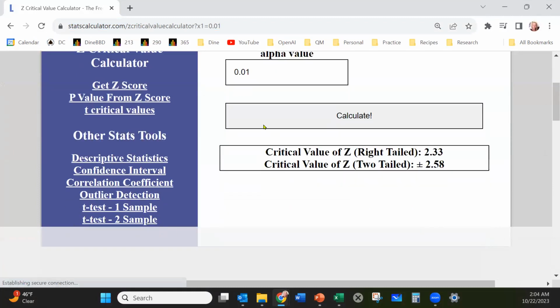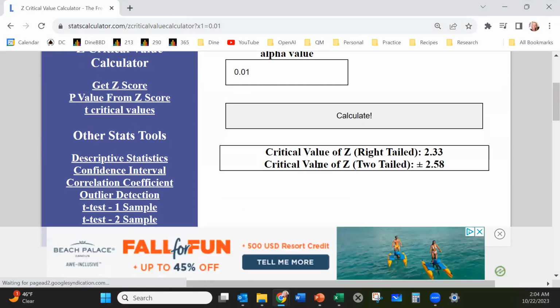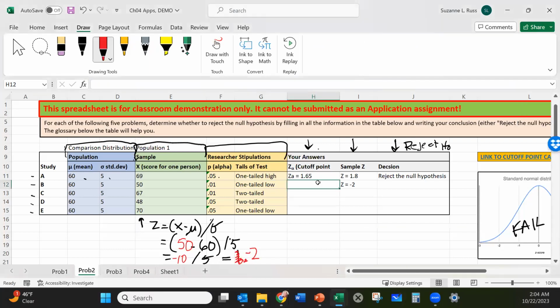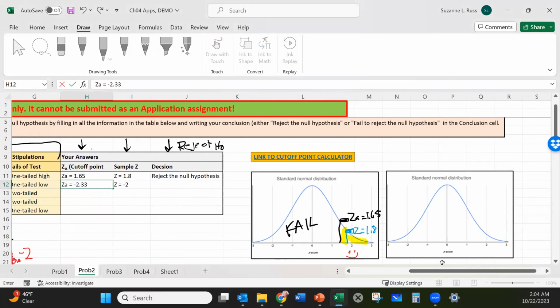And we can see that with an alpha of 0.01, the right-tailed cutoff is 2.33, but we know it'll be the same for a one-tailed low test. We just add a negative sign. So let's go ahead and type in Z alpha. Z alpha equals negative 2.33.